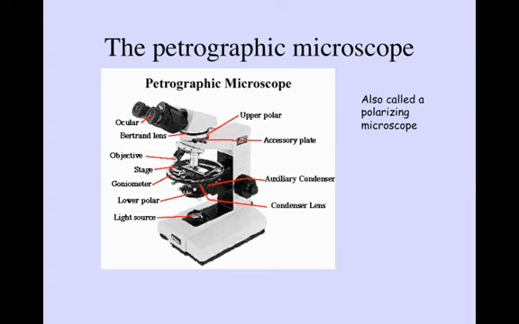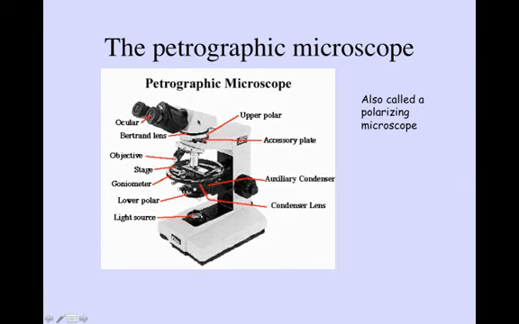Then we've got the objectives here. Most of the microscopes have 3 objectives: a low, intermediate, and high magnification objective, perhaps 2.5 times, maybe a 10 times or 25 times magnification objective, and the highest power is usually about 40 times magnification.